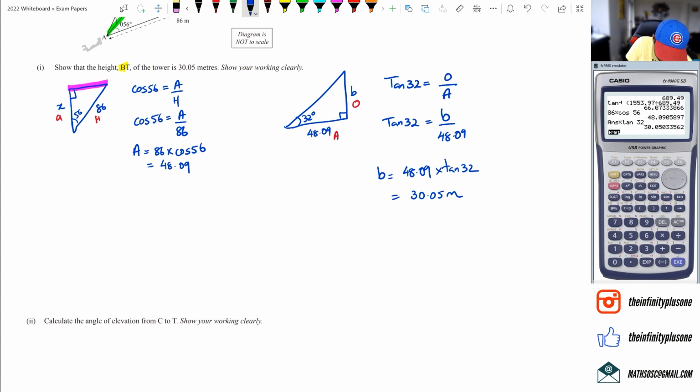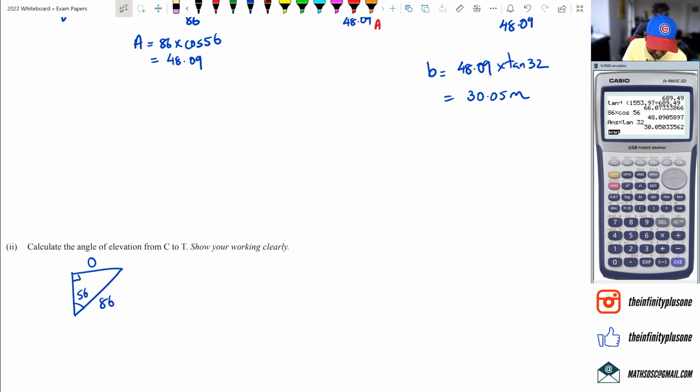So I'm just going to copy this triangle again. I've got 56 and I've got 86 and I've got opposite there. Now you might say, why can't I use Pythagoras? Yes, you can use Pythagoras. That's absolutely fine. I'm just going to work through this. So we've got opposite and hypotenuse, so that means we're working with sine.